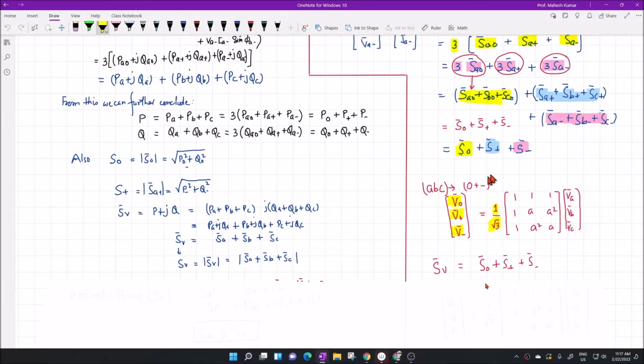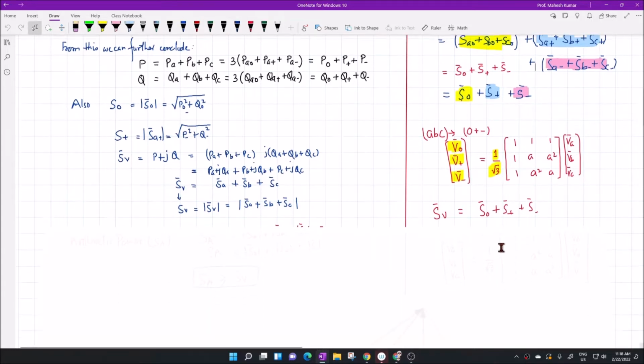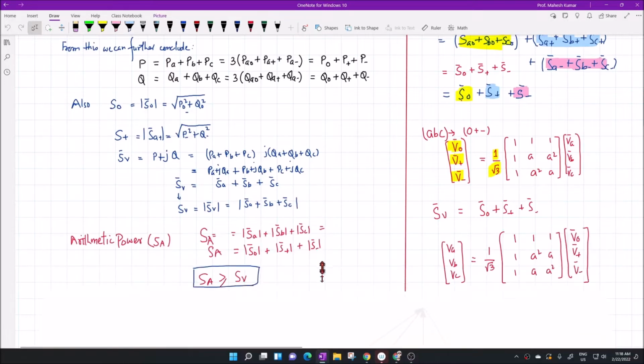And if you use these expressions, then the nature of the apparent power will be this one. Simply it will be S0, S plus, S minus.